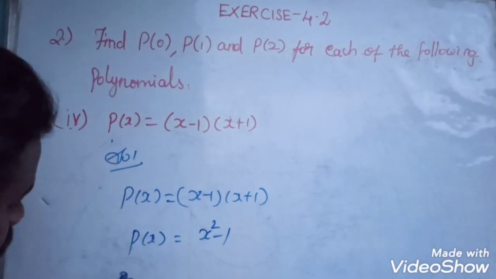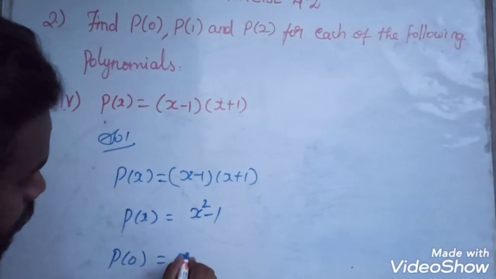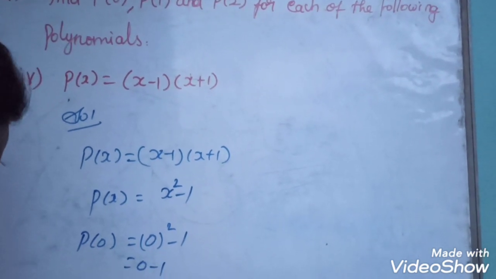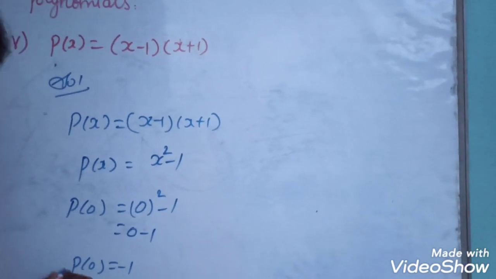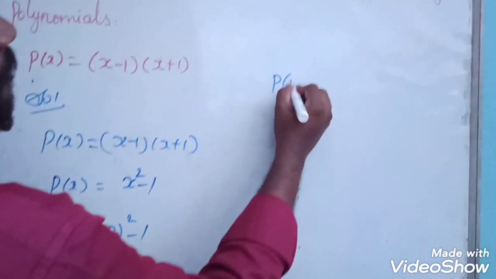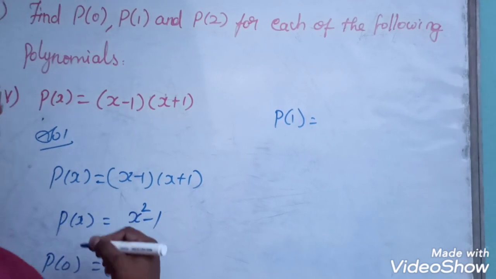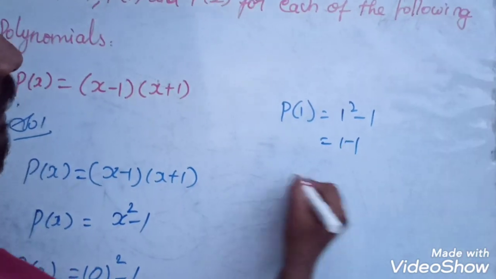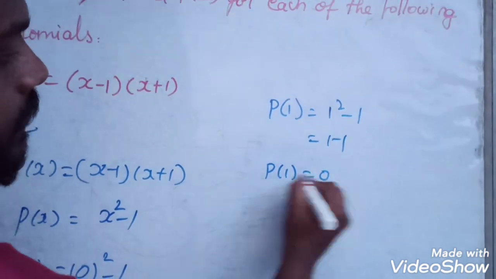Now we substitute: p of 0 equal to 0 whole square minus 1, 0 minus 1. So p of 0 equal to minus 1. And instead of x I substitute 1, it becomes 1 square minus 1, 1 minus 1. So p of 1 equal to 0.